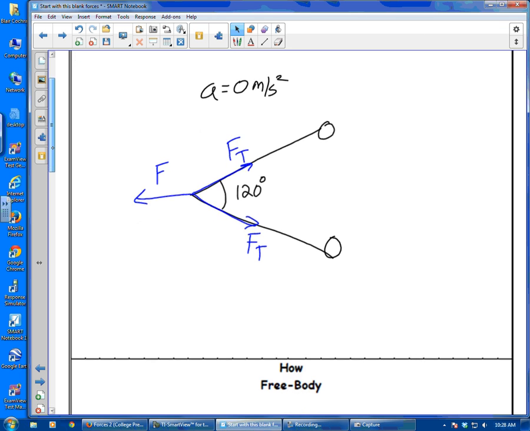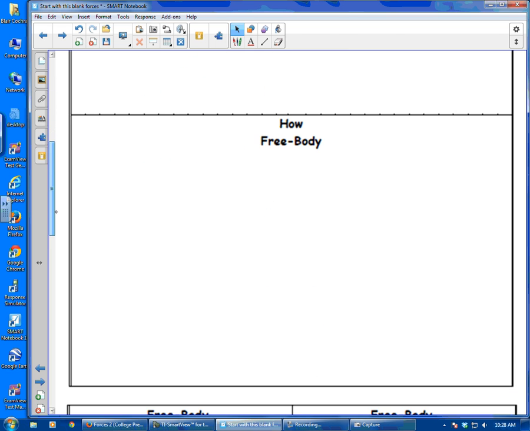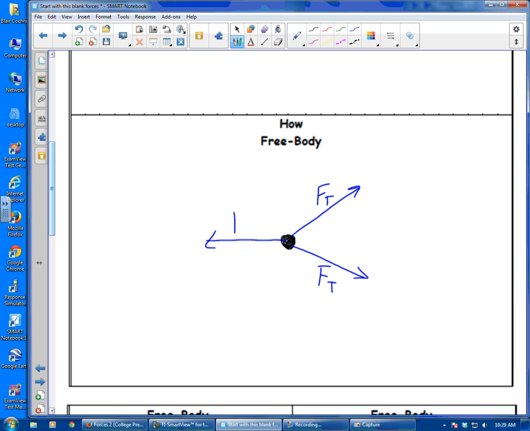All right, and then for my free body of that same situation, got my dot. I'm going to have a force Ft in this direction, same force Ft in this direction, and my force F in that direction.